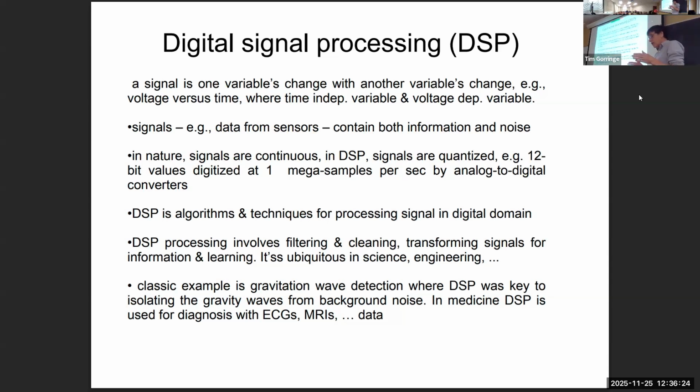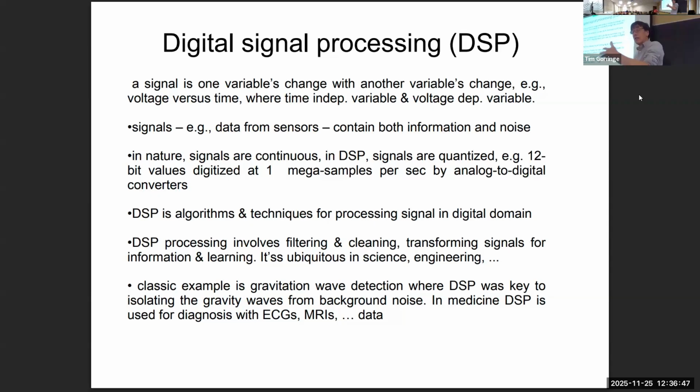In the digital case, we might be digitizing data with a certain number of bits at a certain rate. So as an example, in a digital case, you might digitize voltages using 12 bits. I think that allows you to go from 0 to 1024.